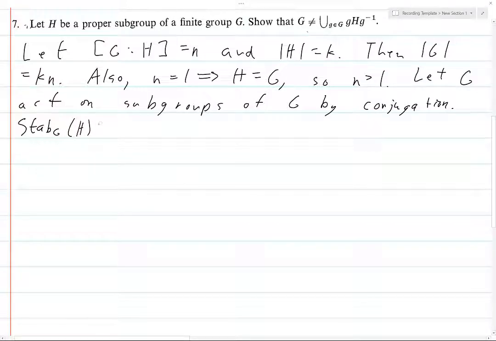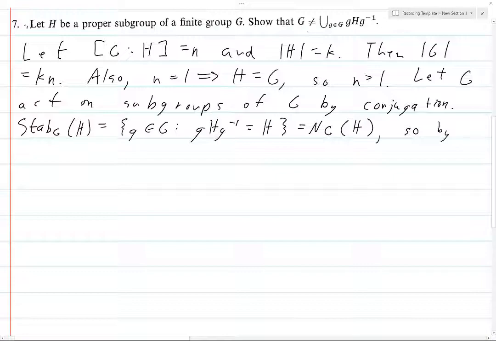So the stabilizer with respect to this action is all elements of G such that conjugation fixes H, but that's precisely by definition the normalizer of the set H.